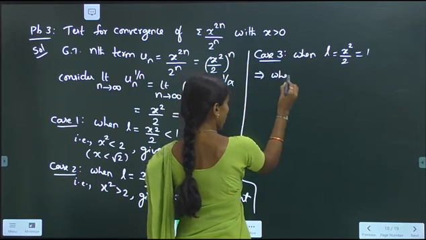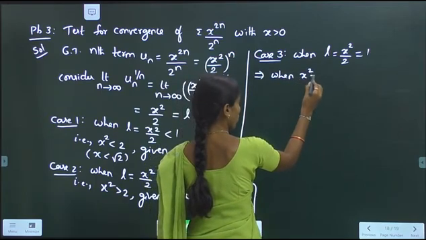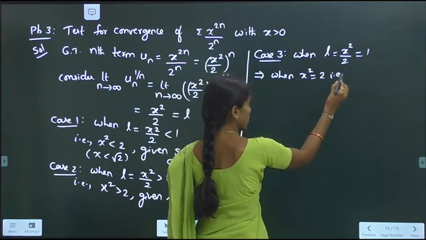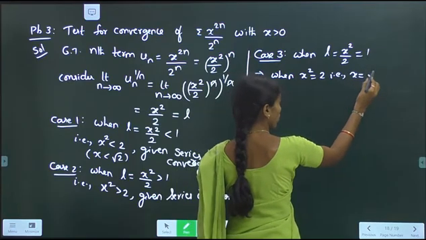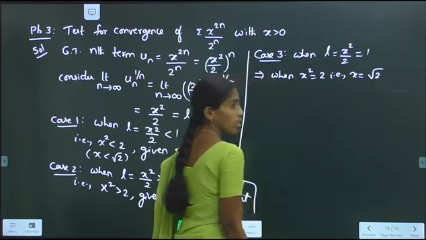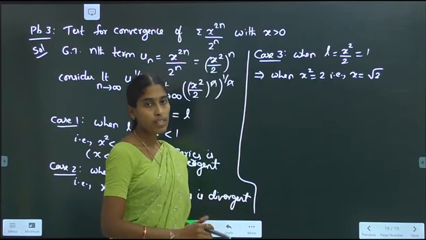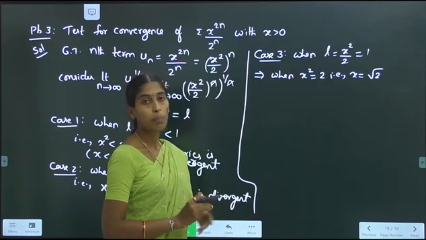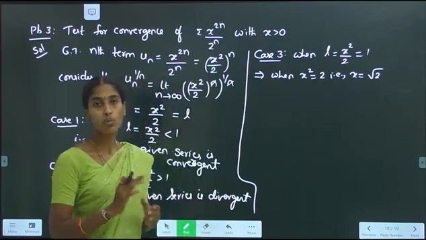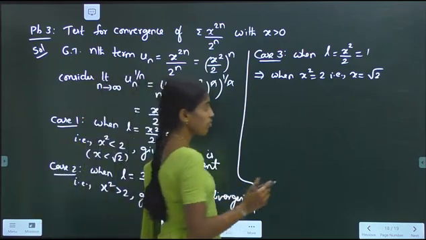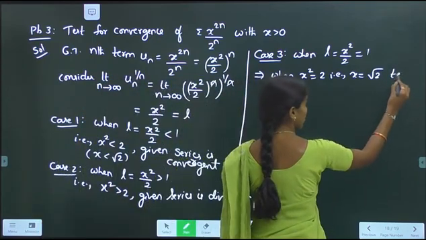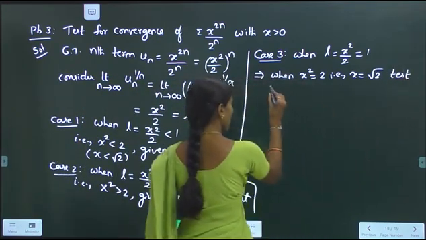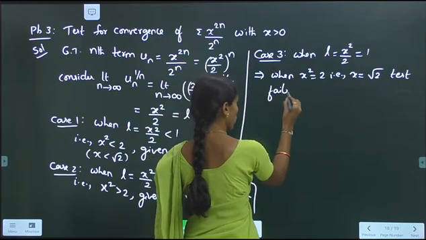When x square is equal to 2, that is x is equal to root 2. Actually it is plus or minus root 2, but here we are applying the Cauchy's nth root test only for the positive series. So the test fails. We consider only the positive value.